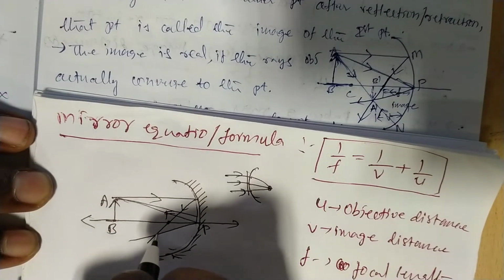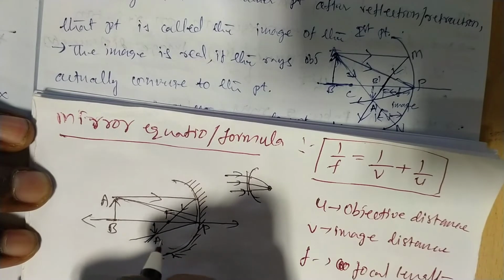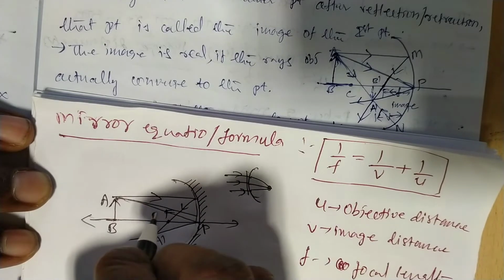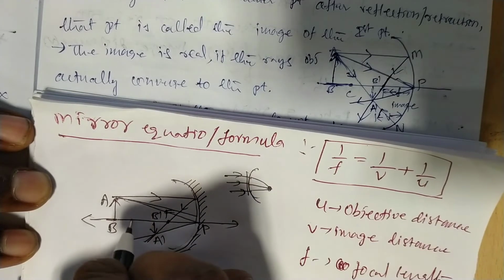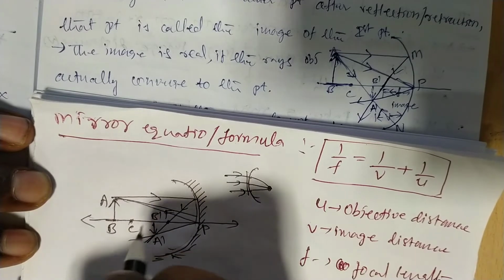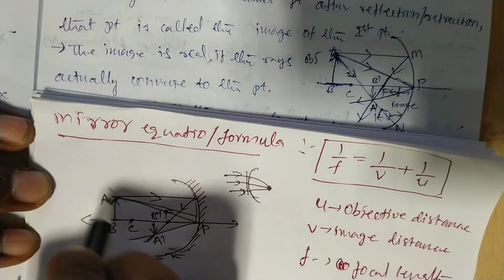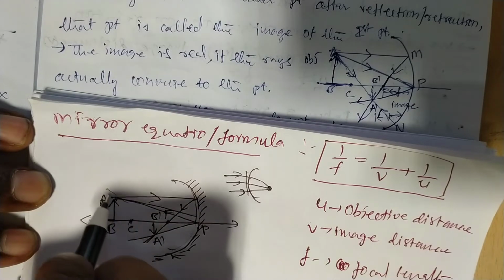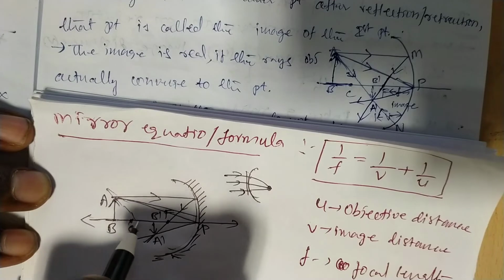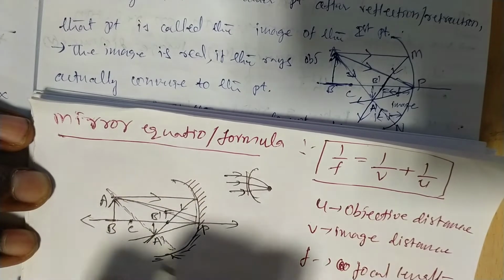Here an image will be formed, A dash B dash. Here is the center of curvature. Here we can draw the normal line from A to A dash.